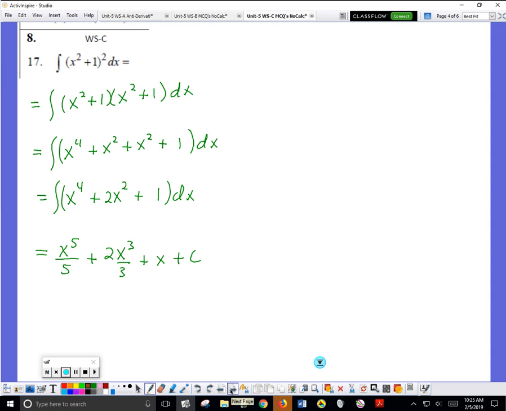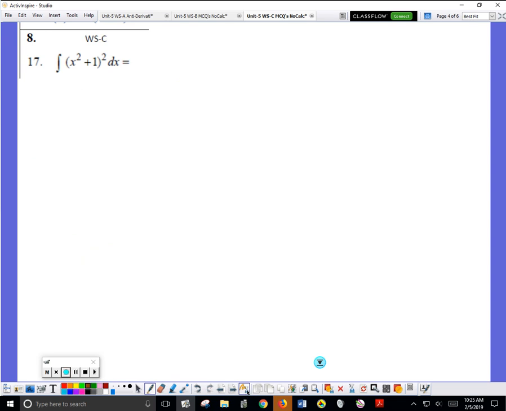Please write down number 8. Okay, please note, the expanded power rule will not work because it's squared. The expanded power rule does not work because it's x squared.